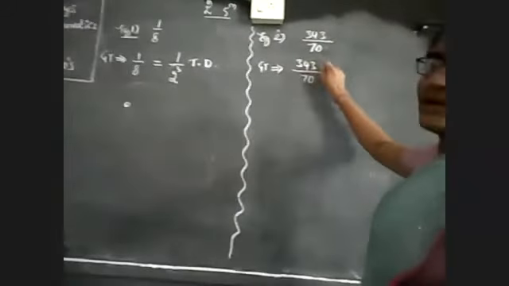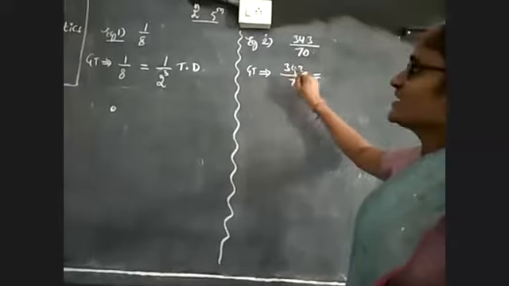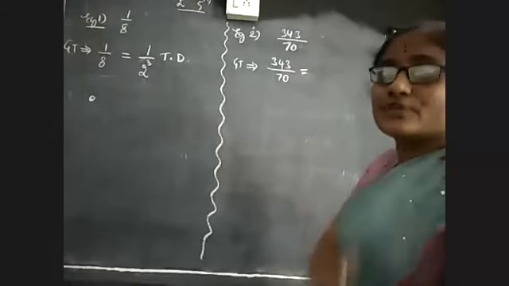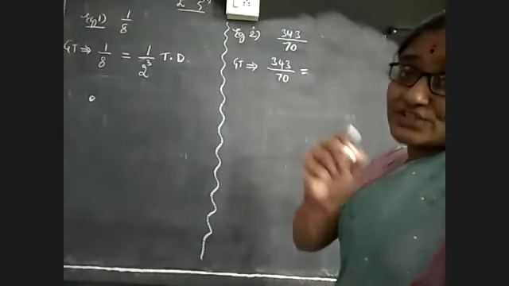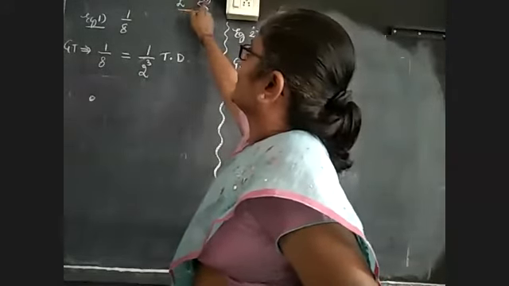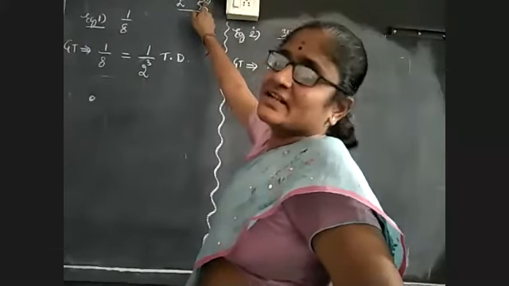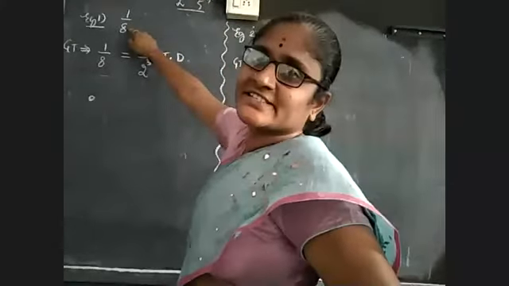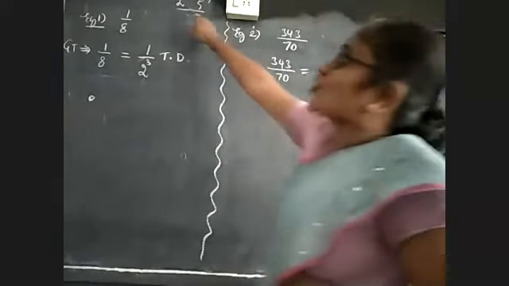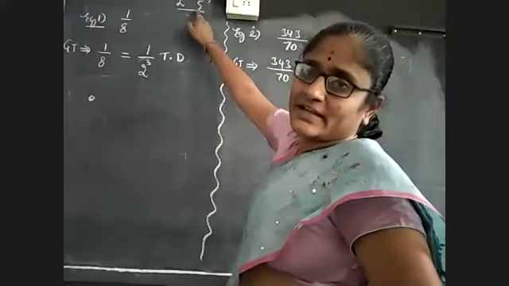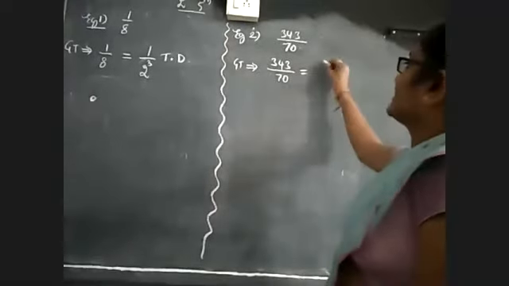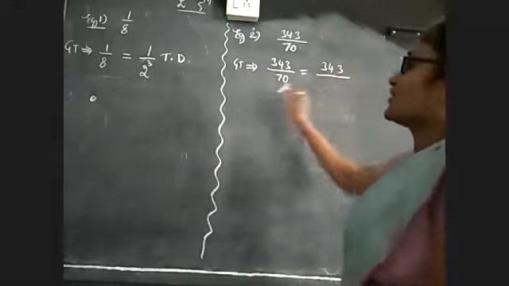Don't touch 343, because in both theorems the condition is about the prime factorization of Q. If the prime factorization of Q is in the form 2 power n, 5 power m, where n and m are non-negative integers, the decimal expansion is terminating. If it is not in that form, it is non-terminating. So here we need the prime factorization of 70.